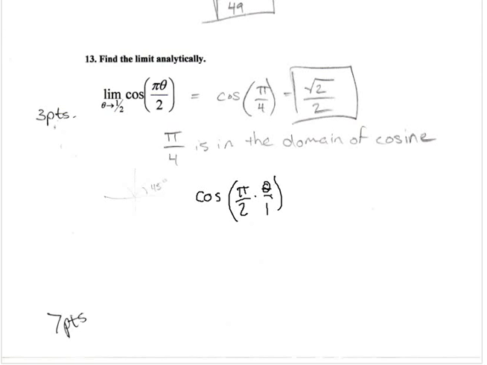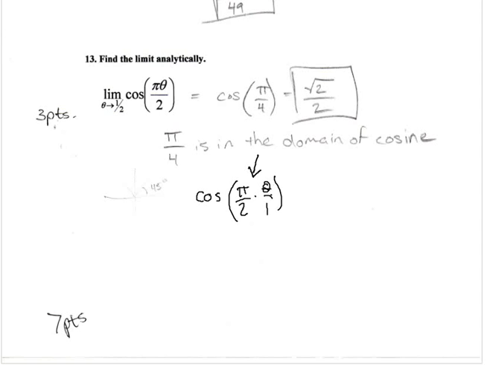You can't bring the theta out. You can't bring the pi over 2 out of the cosine. You have to simplify what is inside of the function and then consider what the value of the function is for that input.